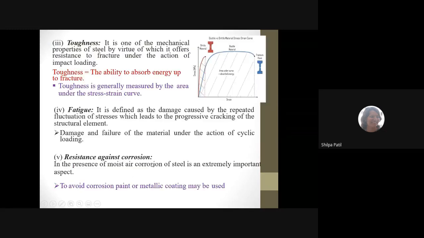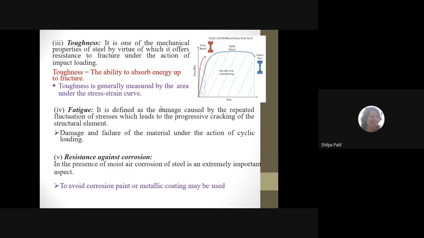Another important property is toughness. If you have performed the tests for MOS 1 and you recall the Charpy and Izod tests, which give you the impact value, it actually represents the toughness of the steel. It is a mechanical property by virtue of which steel offers resistance to fracture under impact loading.